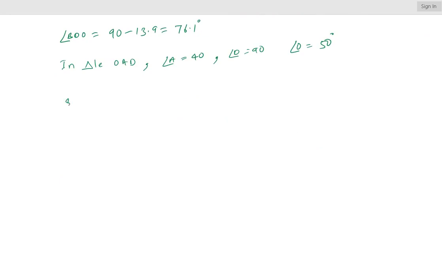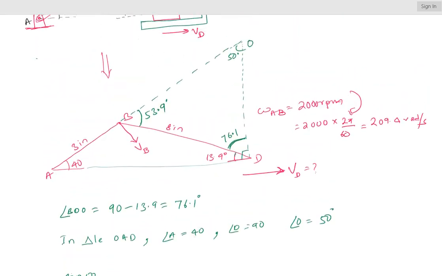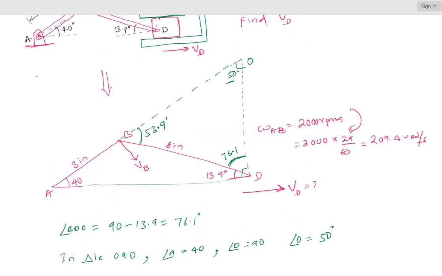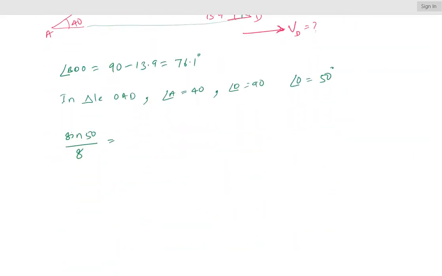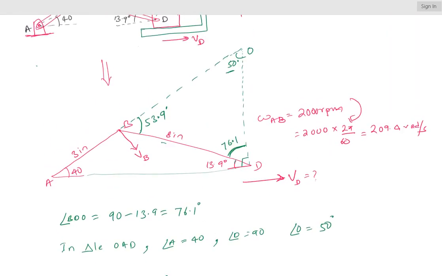Sine 50 divided by 8 inches, the side opposite to it, is equal to sine 53.9 divided by OD, and this is also equal to sine 76.1 divided by OB.